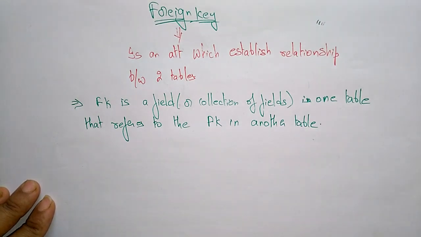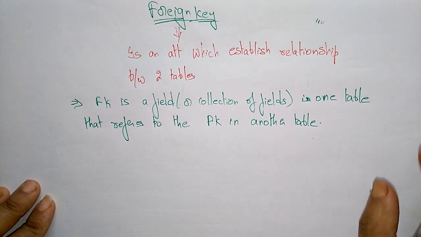So the table containing the foreign key you call a child table, and the table containing the primary key or the candidate key is called a reference table or a parent table.